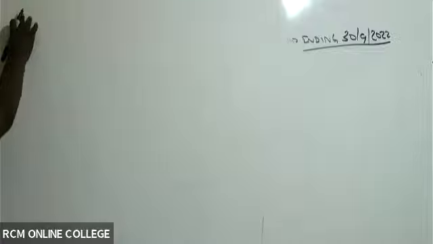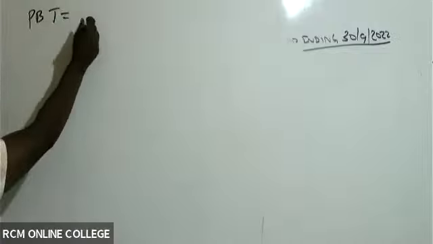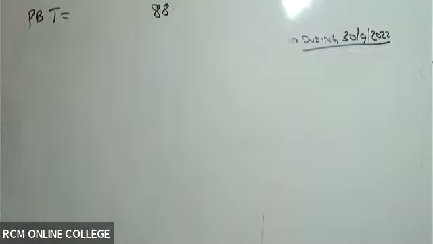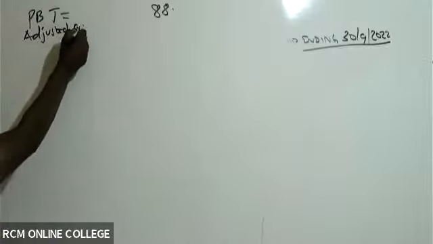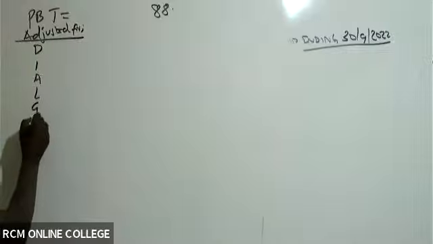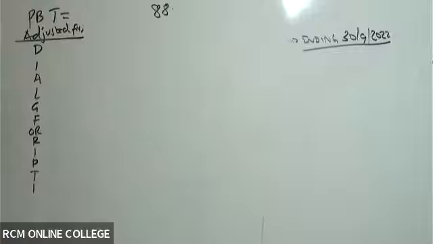So we have here our profit before tax of 88 million. And then we are saying adjusted for what here? We have here dial, God's number for food, or you rest in peace totally, indefinitely, like that. Look a bit bigger.